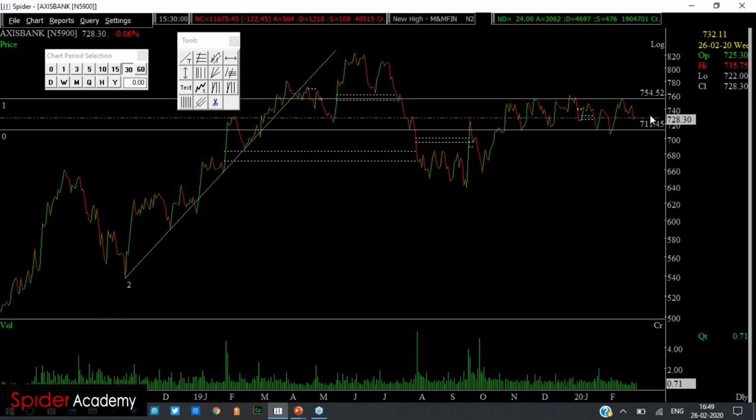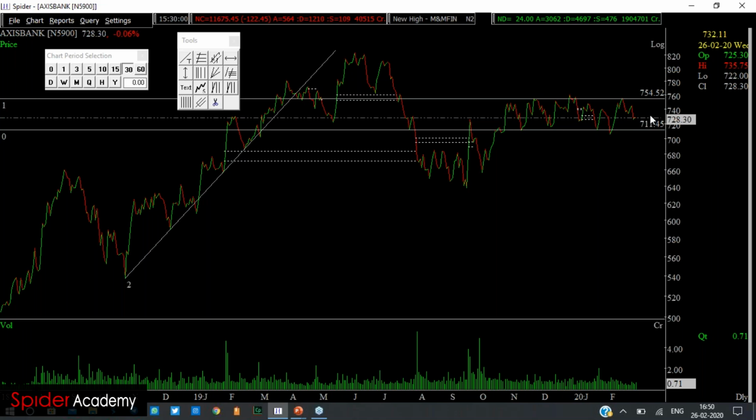And a piece of advice which I would like to give to everybody is that never imagine patterns when they are not there. Always have a confirmation and then conclude that it is so and so pattern. Do not imagine where there's something not there.